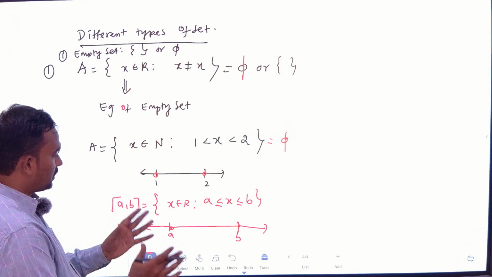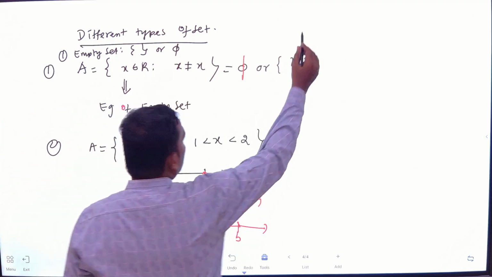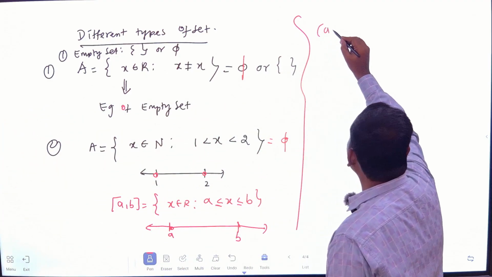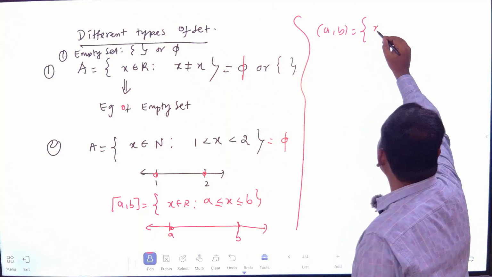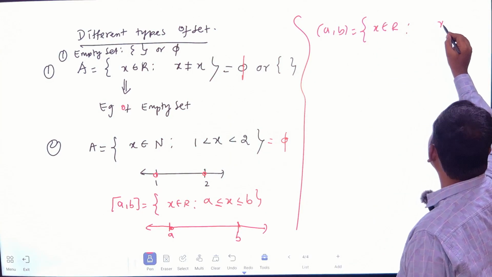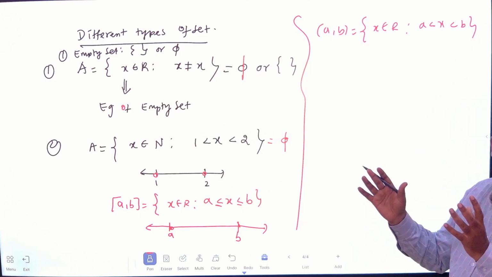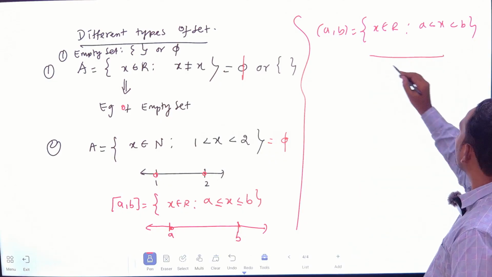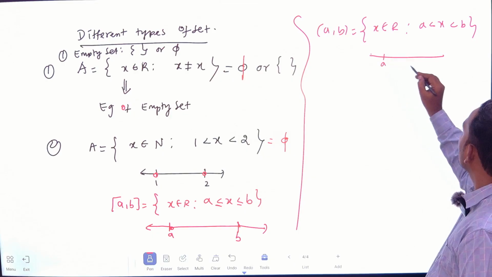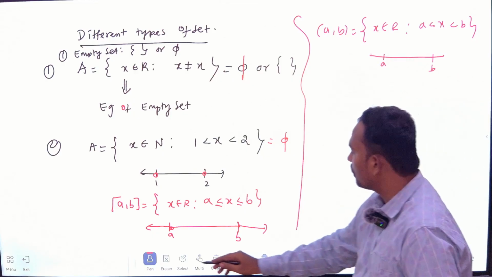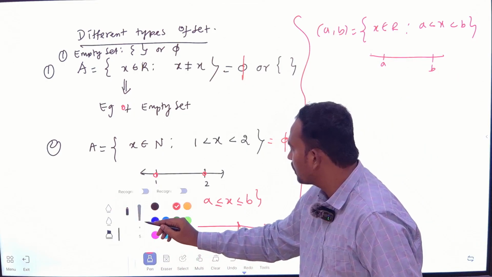It's a box bracket. And if you take an open interval, it means the collection of all the real numbers such that the number is between A and B. Clear? So you should not include the endpoints. Clear?